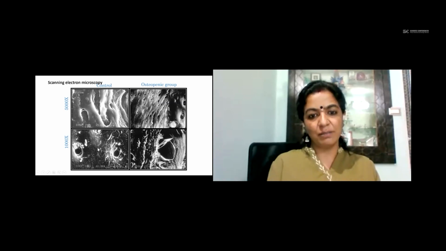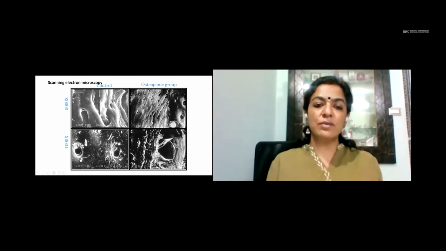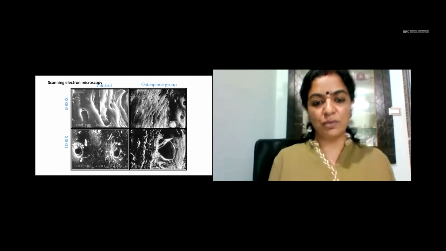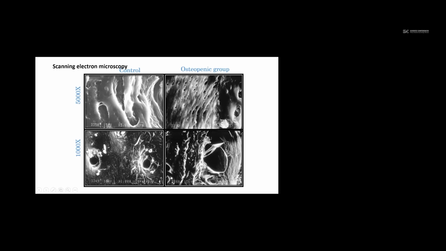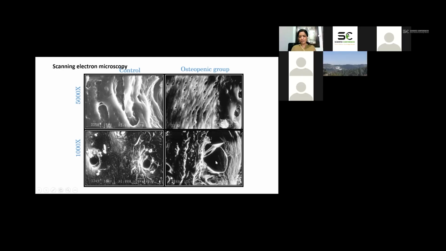This is the micrograph of the control bone, and this is of the osteopenic. We took so many micrographs, and we have seen that there is an enlargement of the Haversian canal. This enlargement is, again, significant.